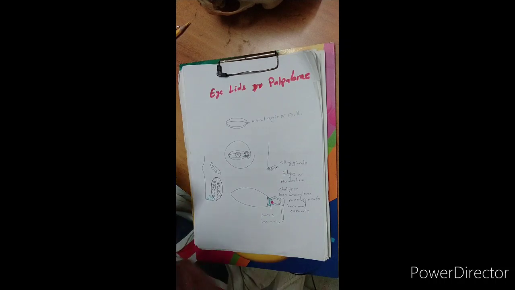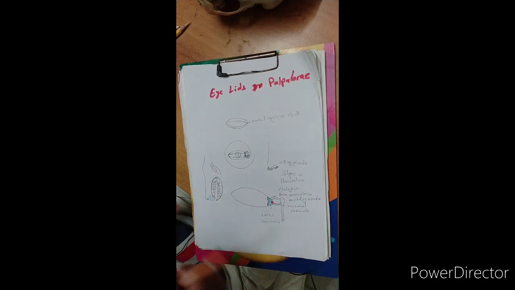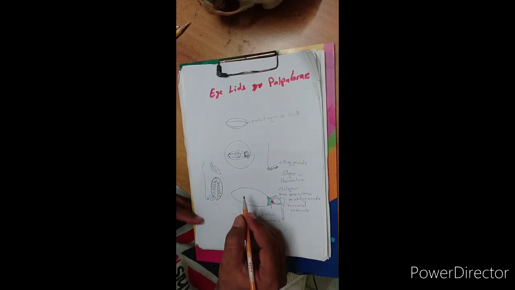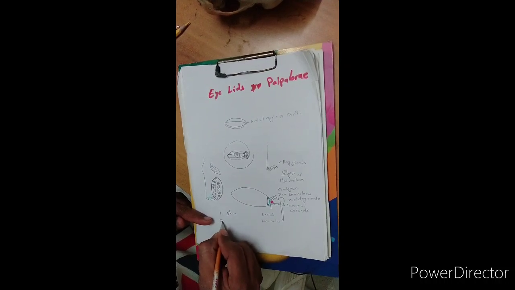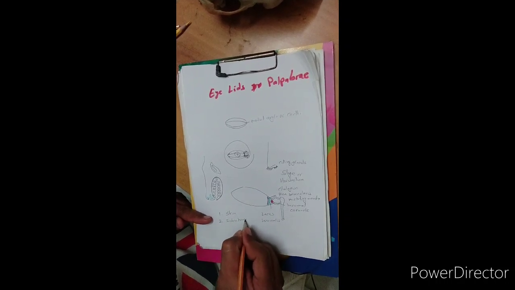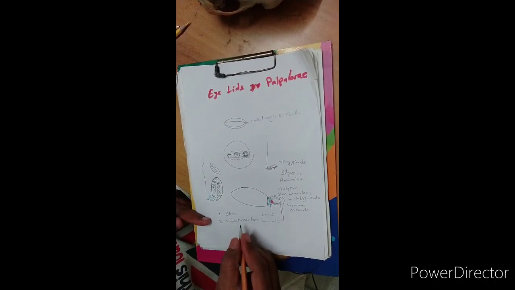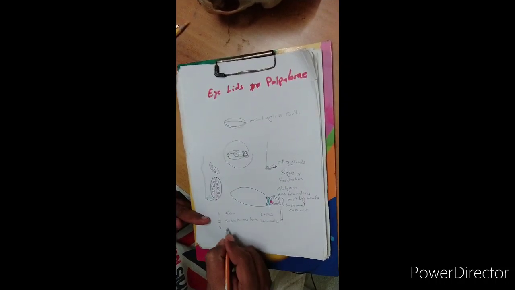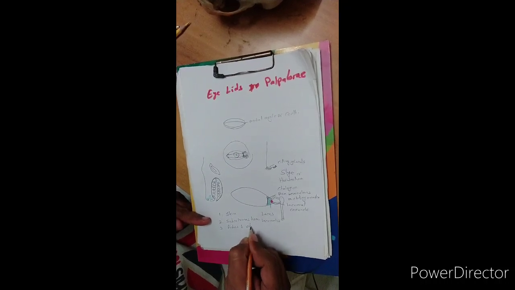Now, what are the structures present in the eyelid from superficial to deep? Going from superficial to deep, there is first the skin. Second is the subcutaneous tissue. Then deep to that are the fibers of the orbicularis oculi.